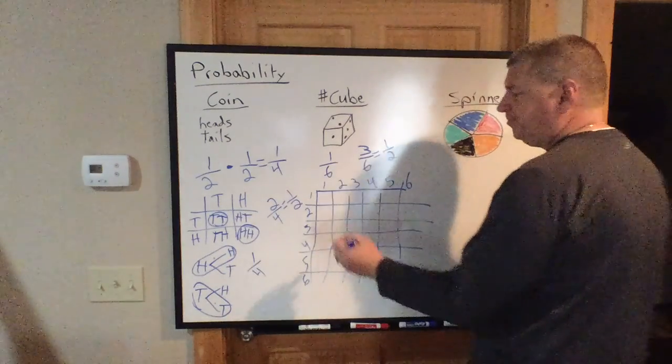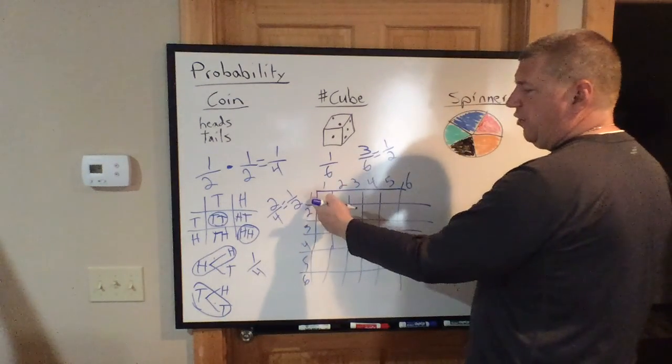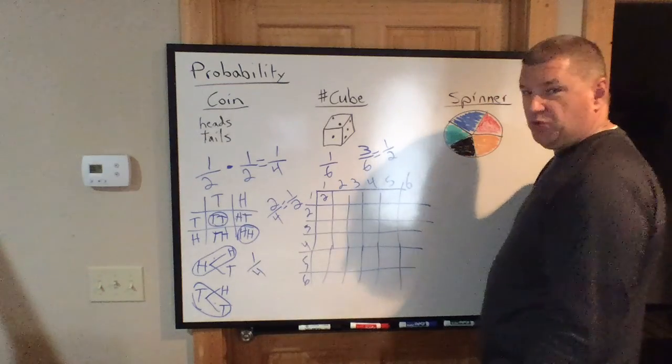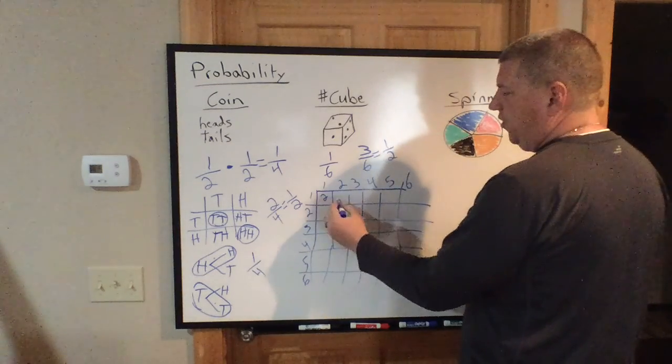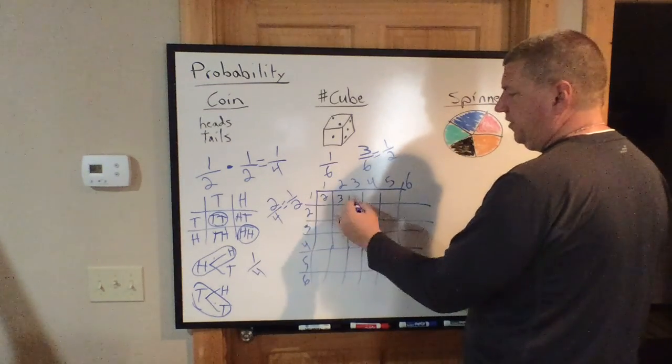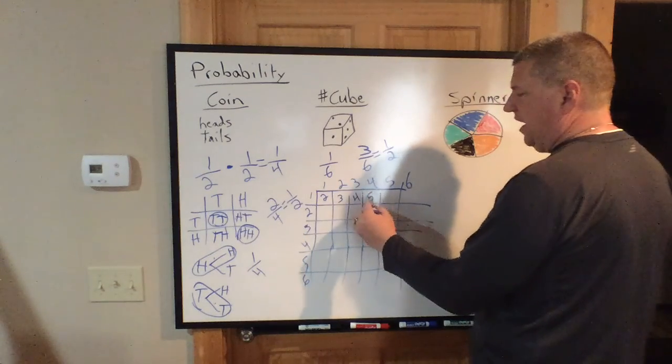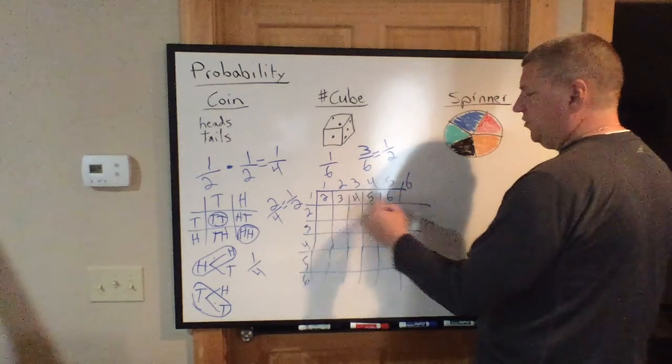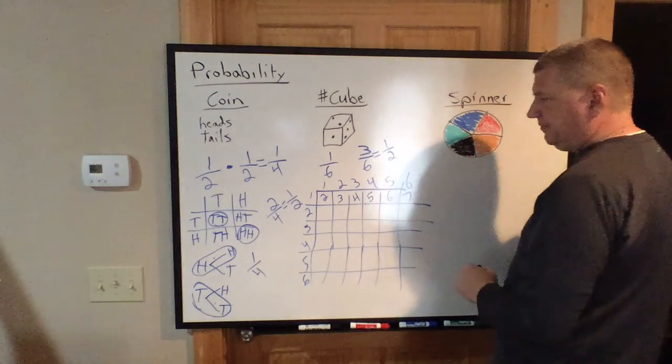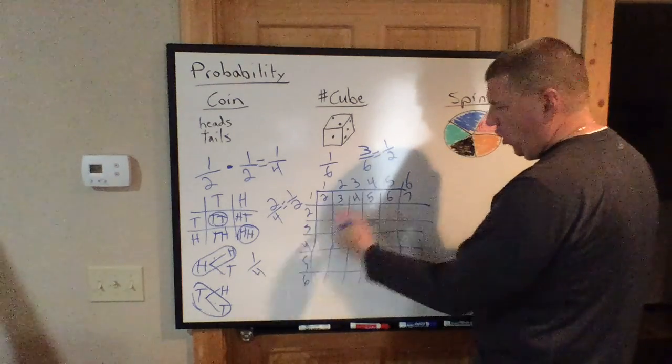Roll 1 here, roll 1 here, I get 2, right? 1 plus 1 is 2. 2 and 1 gives me 3. 3 and 1 gives me 4. 4 and 1 gives me 5. 5 and 1 gives me 6. 6 and 1 gives me 7. Okay? So we're going to do that for all of these.